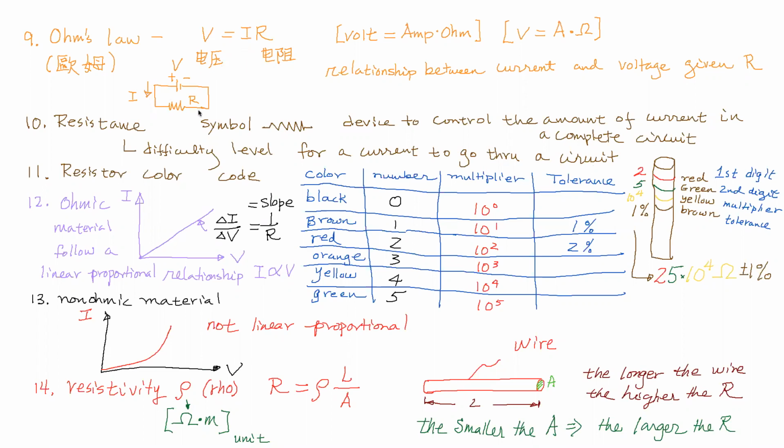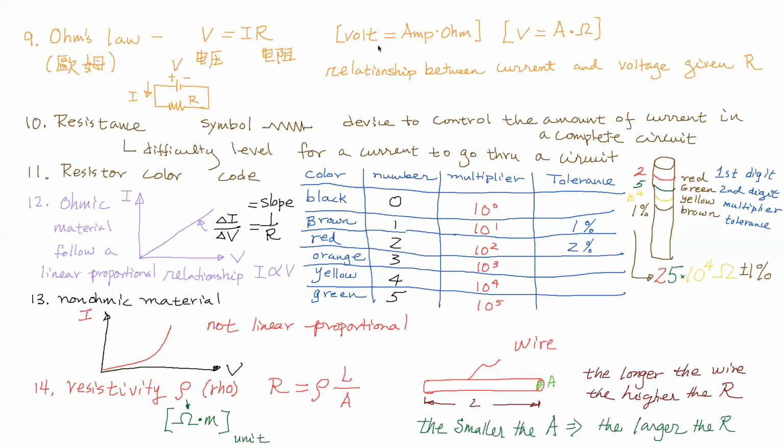If you look at a complete circuit, battery, current, resistance, Ohm's law governs the relationship between V, I, and R. The larger the R for a given current, the larger the voltage across the R. The larger the I, given the resistance, the larger the voltage going through this resistor.